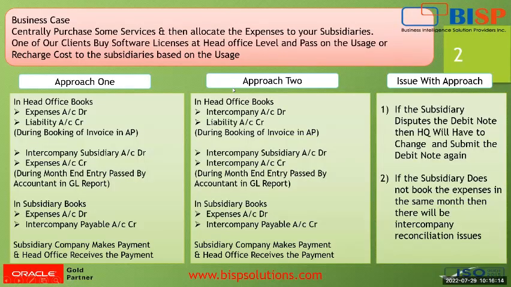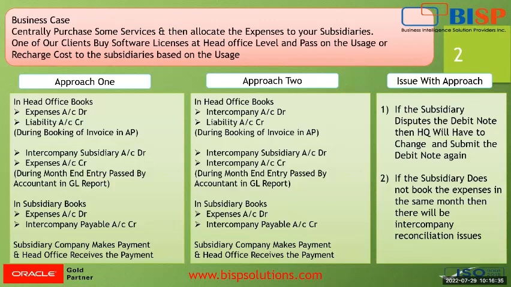We will take a business case where one of our clients buys a software license at head office level and passes on the usage charges to the subsidiary on a usage basis. There are two approaches to that.